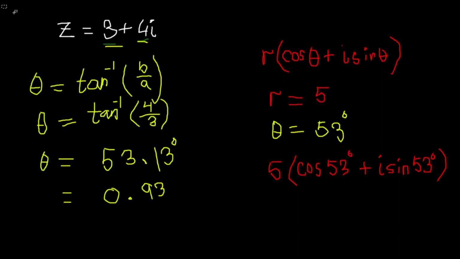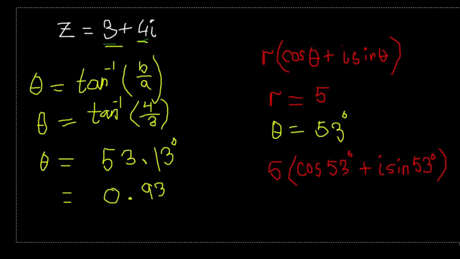Let's look at another example. All right, let's say v equals 3 plus square root of 3i. So first, let's find what is r.